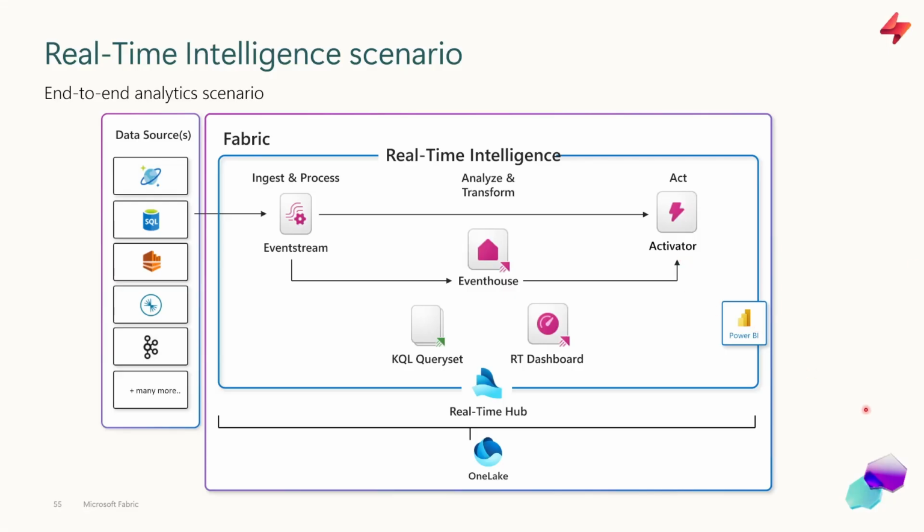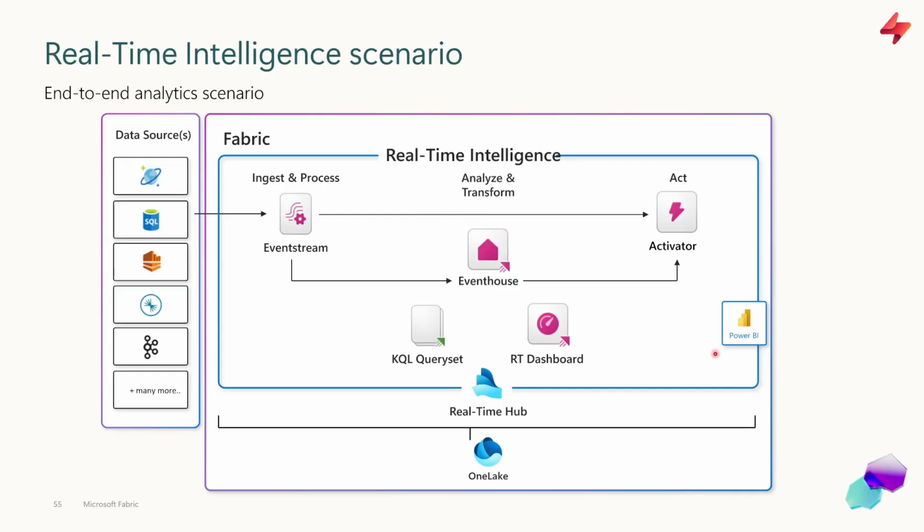So coming back to our overview, what we did is we ingested and processed data using event streams from the sample data source, but it would look the same for all kinds of data sources. We used update policies and materialized views to work on the data, to create new versions and aggregations of the data, and built queries and visuals for the real-time dashboard on top of this event house data.